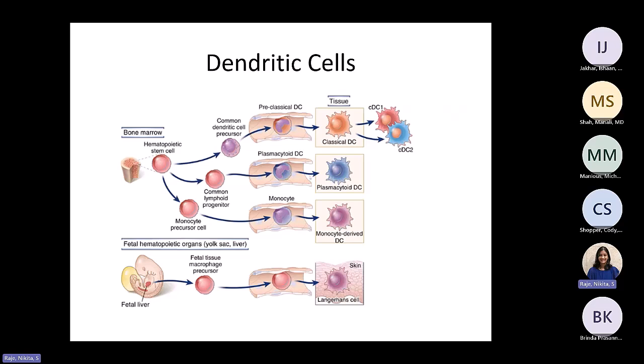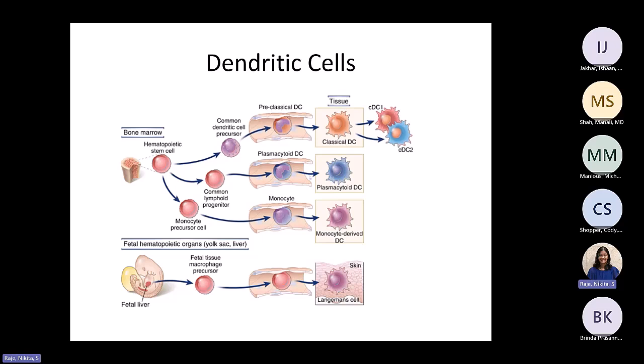All right, the next one is dendritic cells. Dendritic cells, again, most of them come from the bone marrow. Stem cell that gives rise to either the common dendritic cell precursor, or they can come from the lymphoid progenitor or monocyte precursor cell. So they can develop from different places.